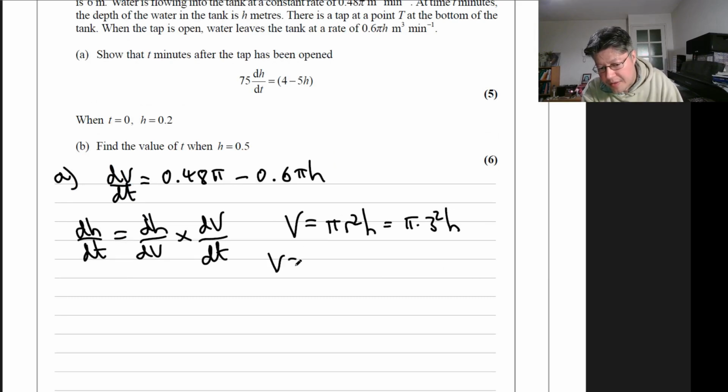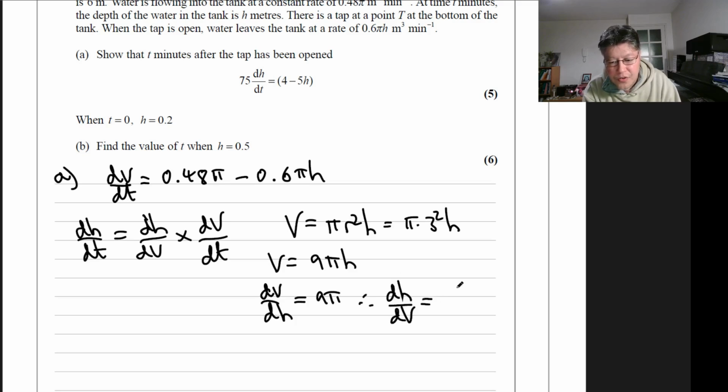So we get V equals 9 pi h. That's the formula linking volume and height, and we can use that to get dh/dV. So we're first going to get dV/dh through differentiation. If we differentiate this we get 9 pi, and we want dh/dV, so we're just going to flip this upside down. So therefore dh/dV should be 1 over 9 pi.